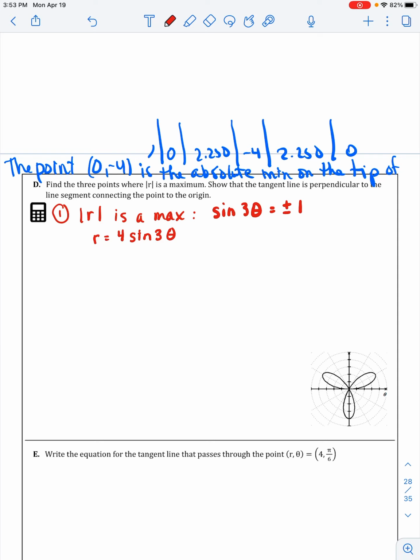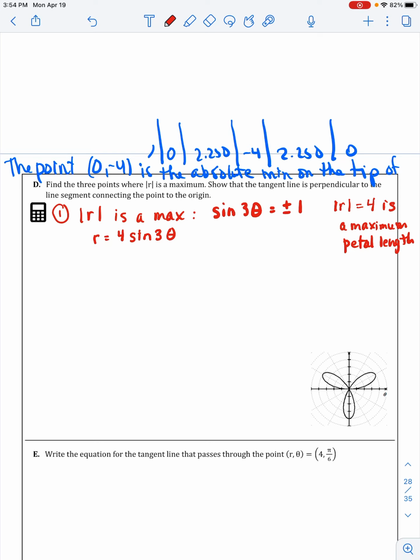This would multiply it by 4, so at that point the r value will be positive or negative 4. So we can just note that the absolute value of r equals 4 is a maximum petal length.